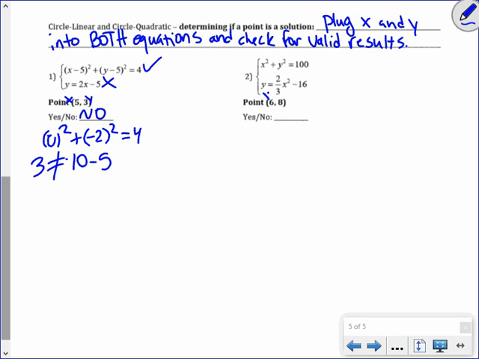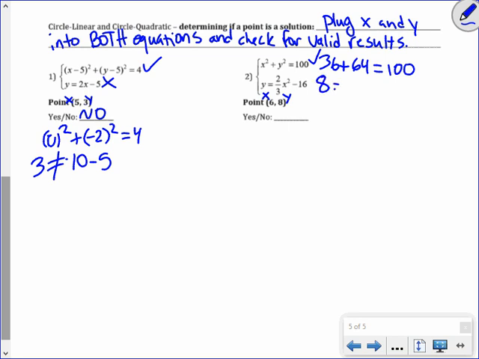Alright, next one, I have x and I have y. I plug into the top equation, I get 36 plus 64. Does 36 plus 64 equal 100? Yes, it does. So it works for the first equation. Alright, now we have fractions here, but we can still make it work.